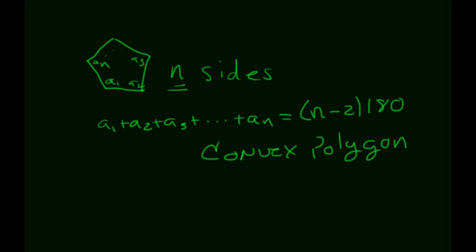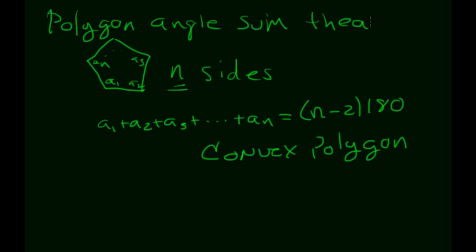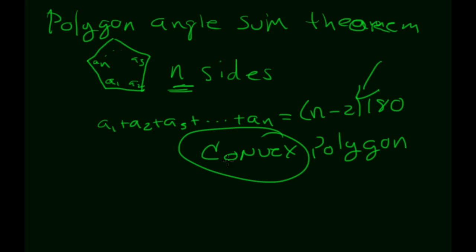So that is what we're going to call the polygon angle sum theorem: that the sum of the angles of an n-sided convex polygon is n minus 2 times 180.